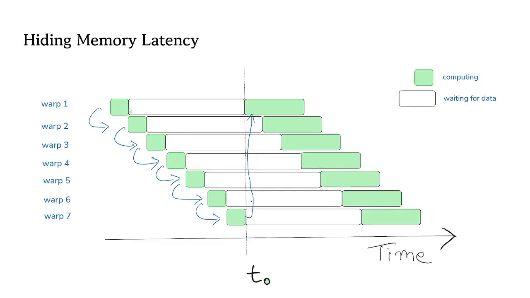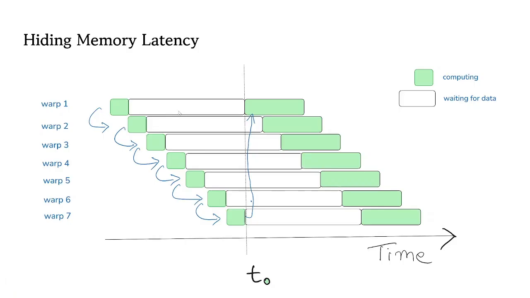When the first warp has requested a memory access and is waiting, because the GPU is designed in a way that I can have a lot of warps running at the same time, and also because there is almost zero overhead in scheduling warps, I can quickly put this warp to sleep and make the second warp run. And when the second warp waits for memory access, it schedules the third warp, and so on and so forth. So if we scan along this time axis, we will see that in this part here, all of the time we have been doing computation.